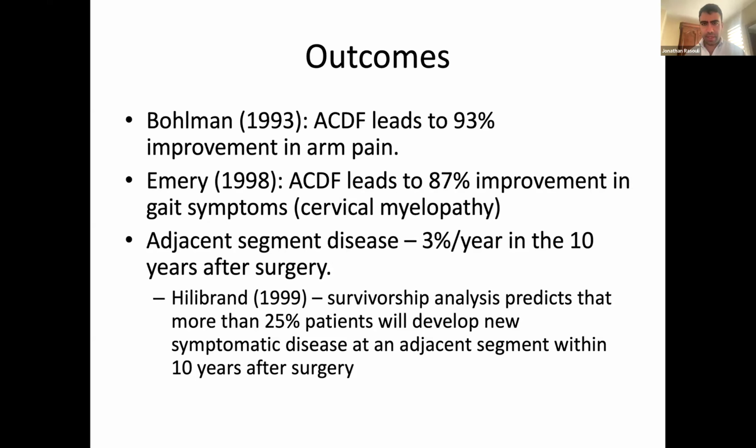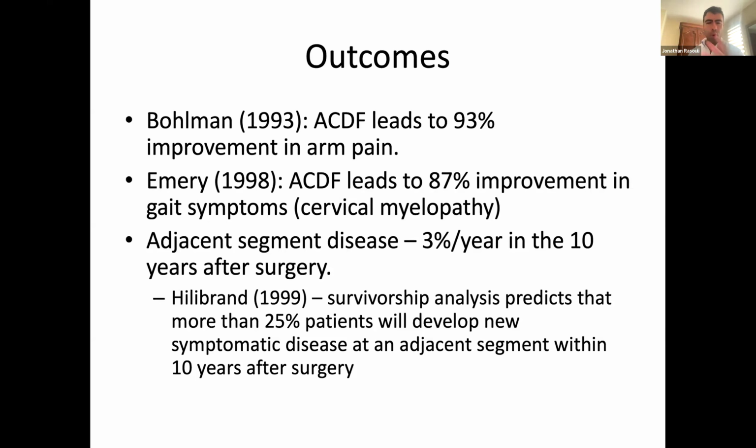Now, one of the best studies, the one that I always cite, the gold standard paper, is the Hilibrand study in '99. And I would recommend you all read this. This is a great, great, great paper. What they looked at here was adjacent segment disease. And what they found, in a nutshell, was, that picture I showed you of that patient who had the C5-6 and C6-7 degenerative discs, right?